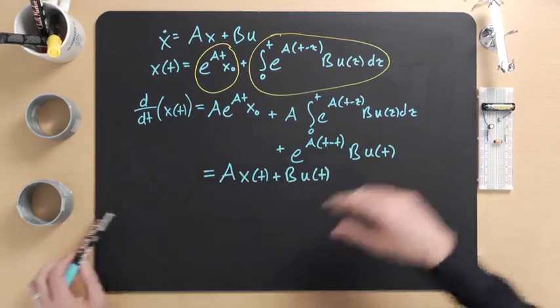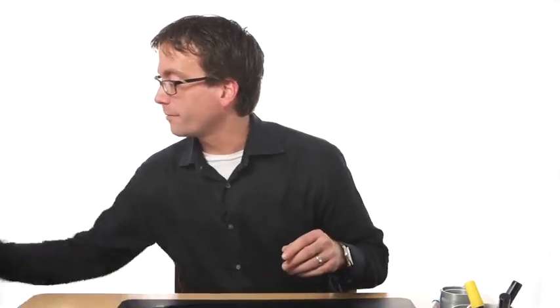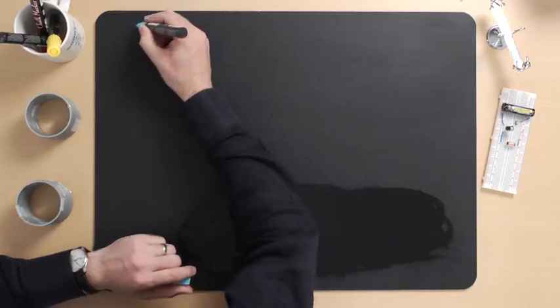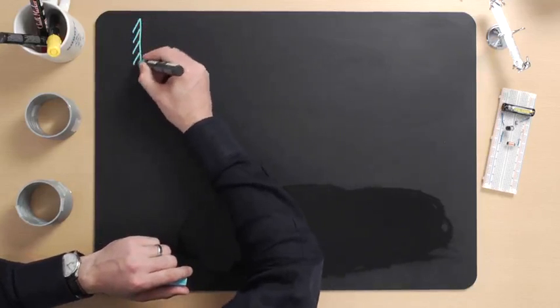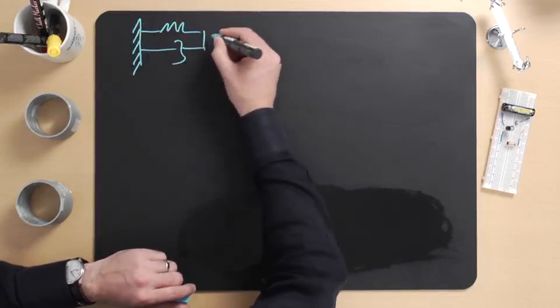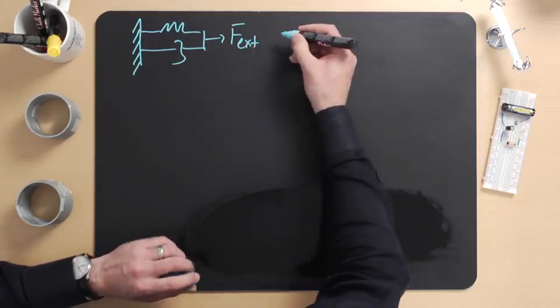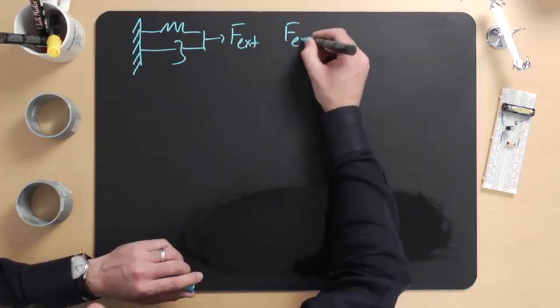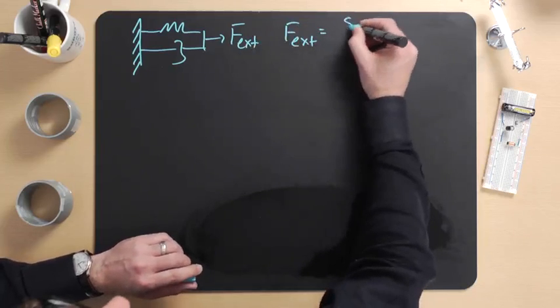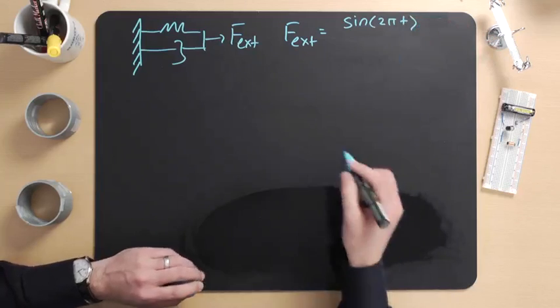To make this more clear, let's look at an example. Let's go back and look at the spring damper system from lecture 3, where we have an external force and we have an initial condition of x0 equals 0. So we have the wall, a spring, and a damper, and an external force. Let's assume that the external force is equal to sine of 2 pi t.